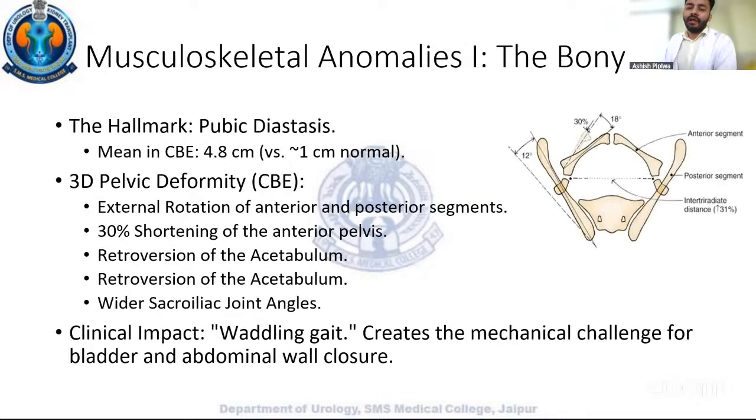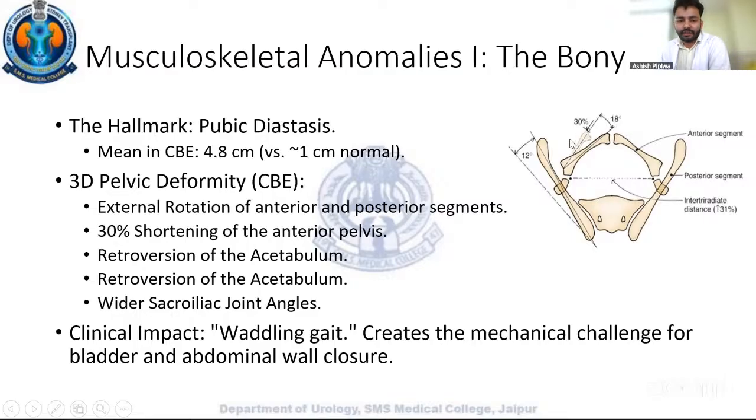Musculoskeletal anomalies. In the bony pelvis, the hallmark feature is that the distance between the pubic symphysis is increased. Normally it is 1 centimeter, but in these cases it is approximately 4.8 centimeter.